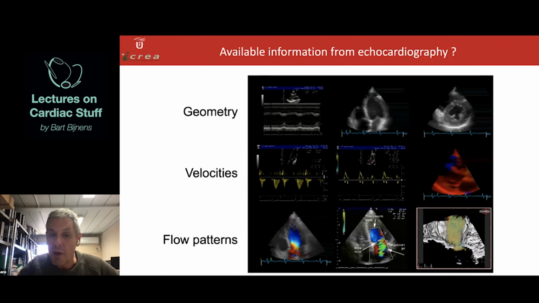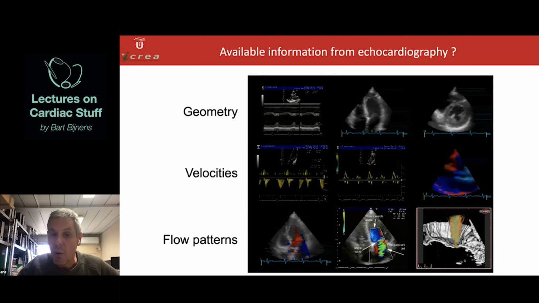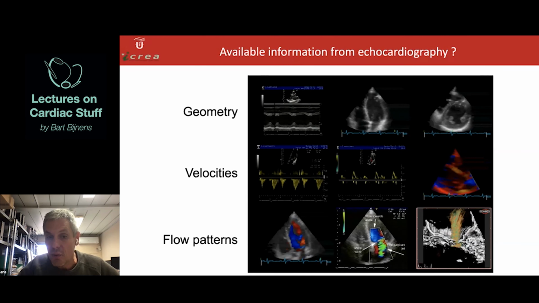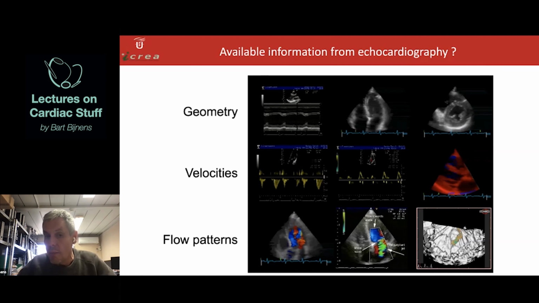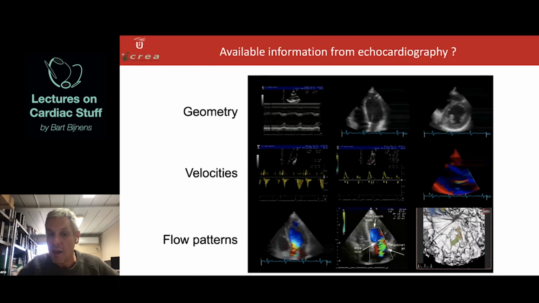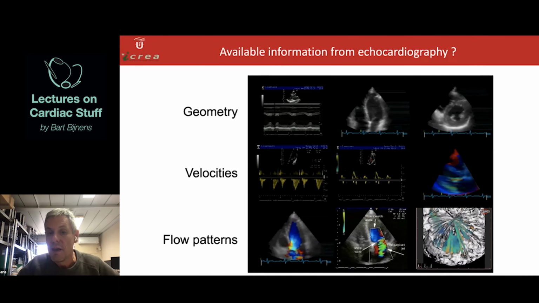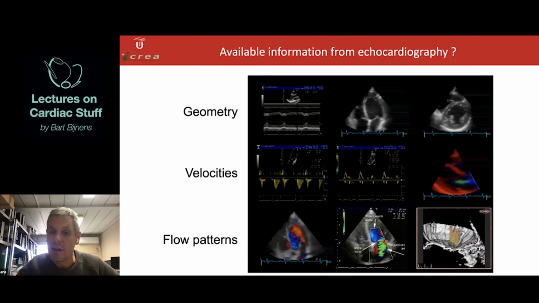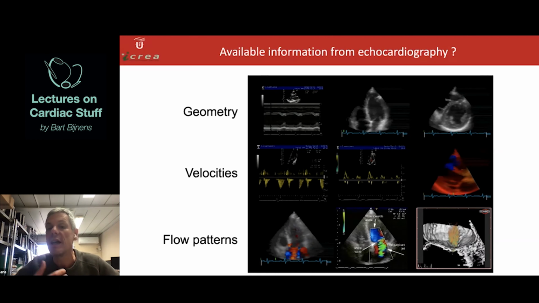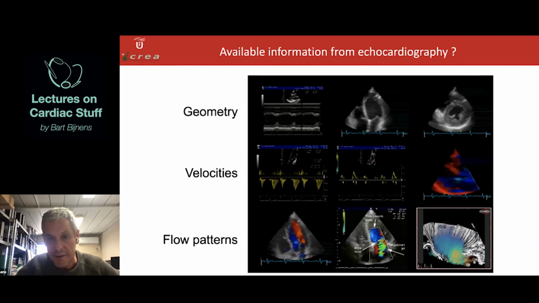So here we have a very turbulent pattern. And while there's blue going towards the aorta, there should be no flow towards the atrium. And here we clearly see there's a jet of turbulent flow going into the atrium. So it's clear that there's something wrong with this mitral valve and there's a hole. So these are easy ways to look at it.